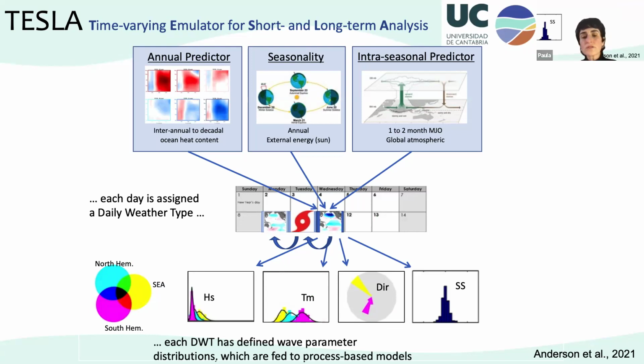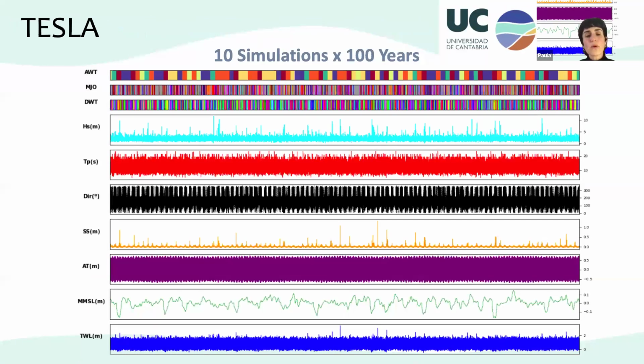Here the interannual and intraseasonal variability is introduced by much larger predictors. So in this case, we are able first to simulate this interannual variability, then intra-seasonal variability, and then again the daily and the subdaily conditions.